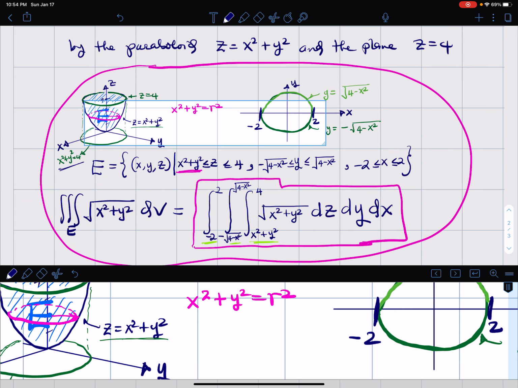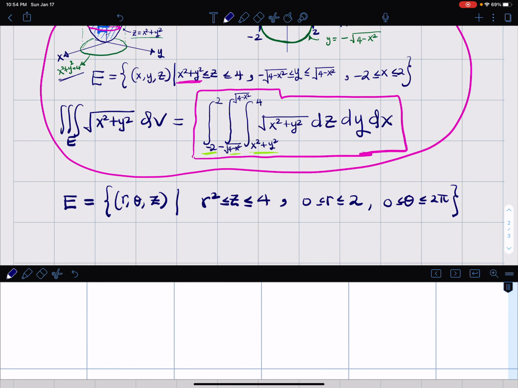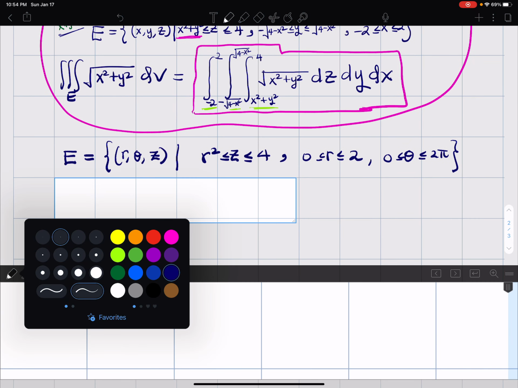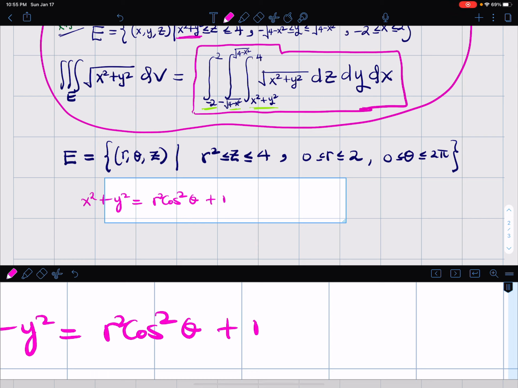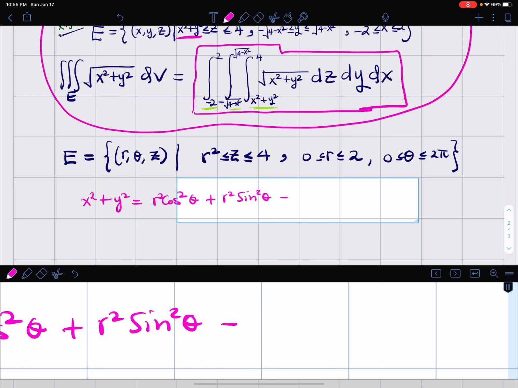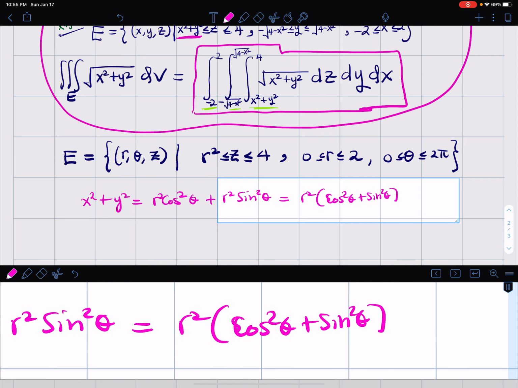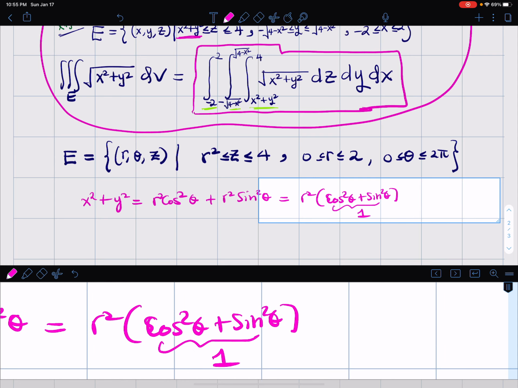We have x squared plus y squared equals r squared cosine squared theta plus r squared sine squared theta, which is r squared times cosine squared theta plus sine squared theta. This is 1, and then we have r squared.